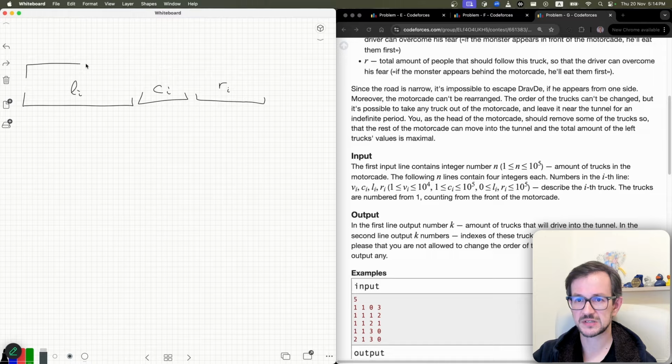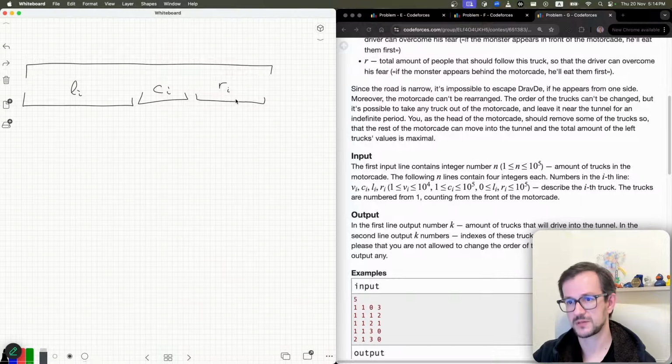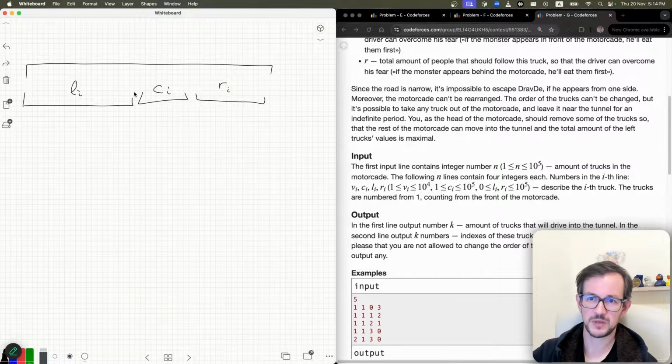If you combine all these numbers, you get the total number of people. All the people are either before the bus, in the bus, or after the bus. So if we take this bus, then the total number of people should be equal to this sum.